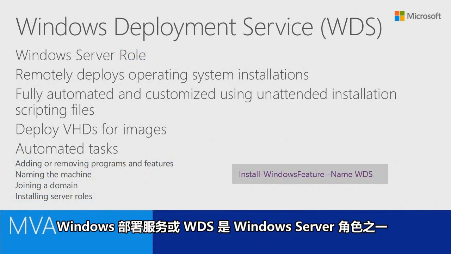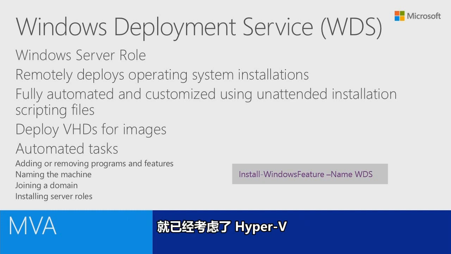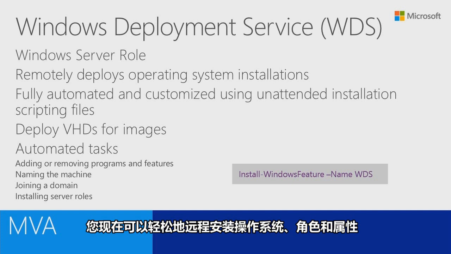Now, Windows Deployment Services, or WDS, is one of the Windows Server roles. And this is really designed with Hyper-V in mind as we start to think about all of these Hyper-V deployments. So using WDS, you can now easily go and remotely install your operating system, other roles, other properties such as joining domains, adding and removing features and programs in a fully automated fashion.